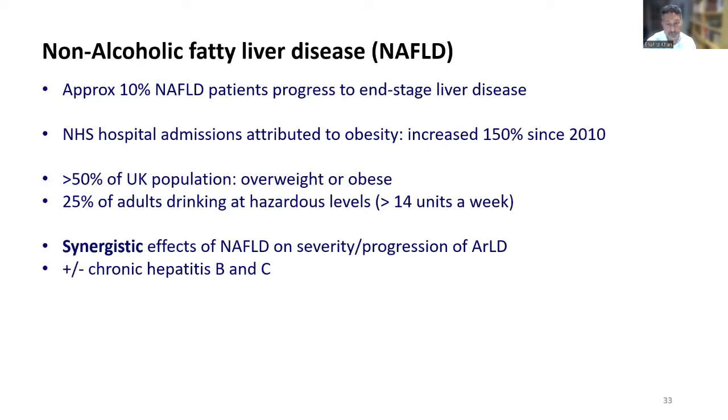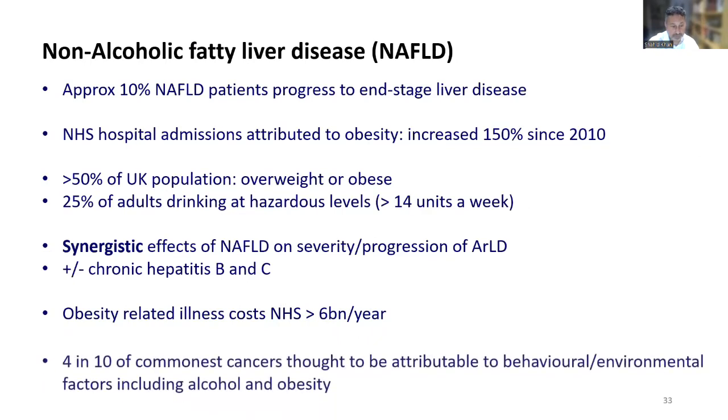And of course, some of those patients may also have chronic hepatitis B and C, and so are at risk of even more significant and quicker liver disease. And it's estimated that obesity-related illness costs the NHS over £6 billion per year.